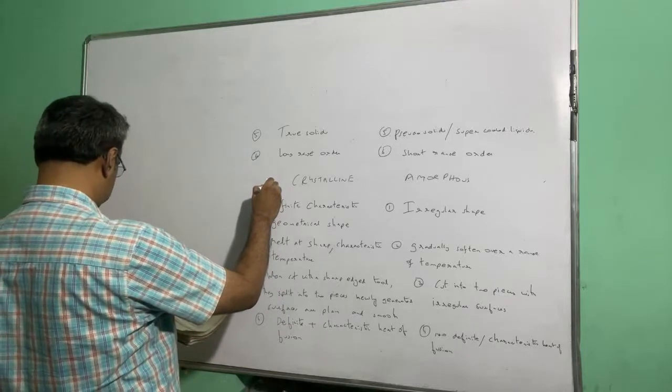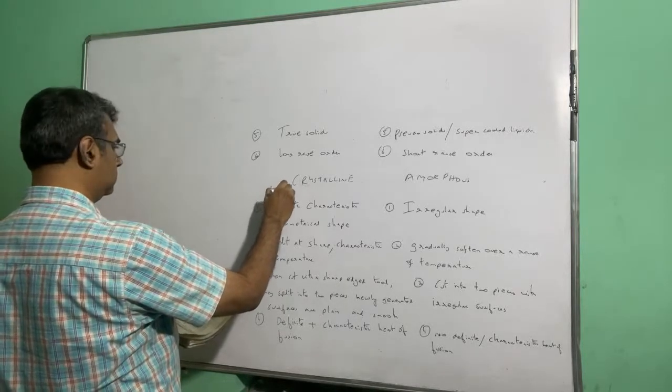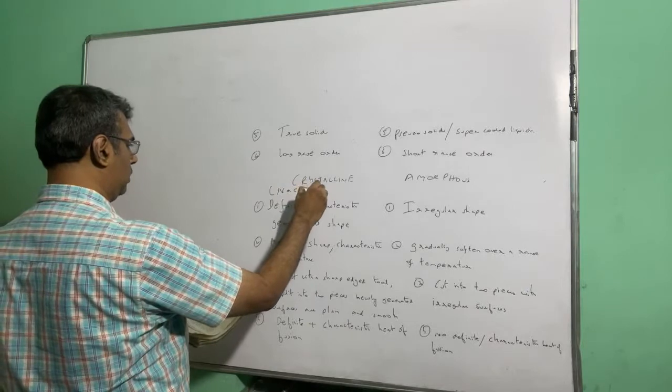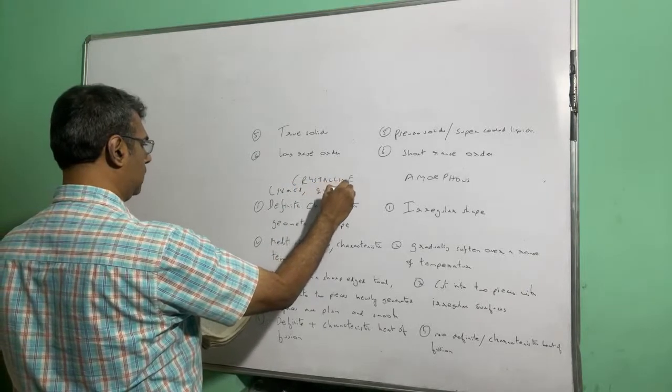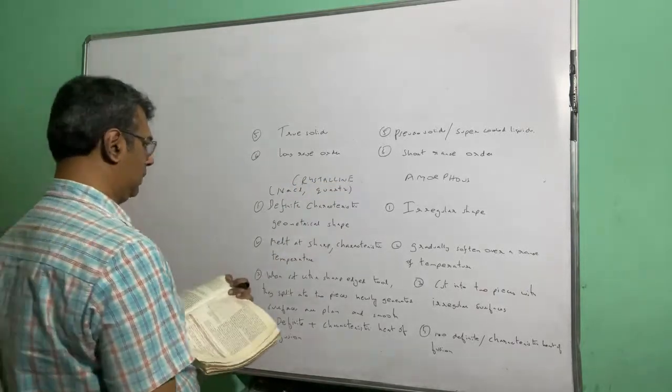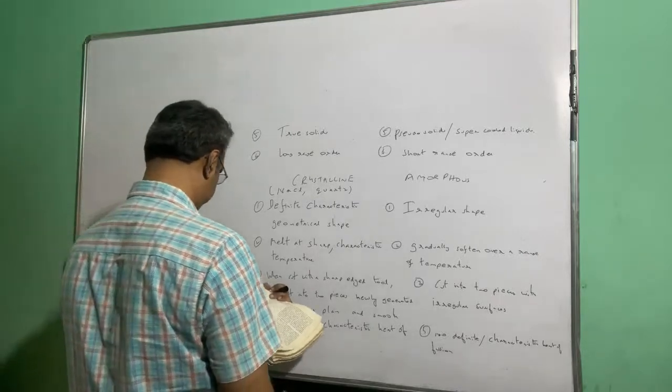Crystalline example is sodium chloride is one example, quartz is another example. These are all examples of crystalline.